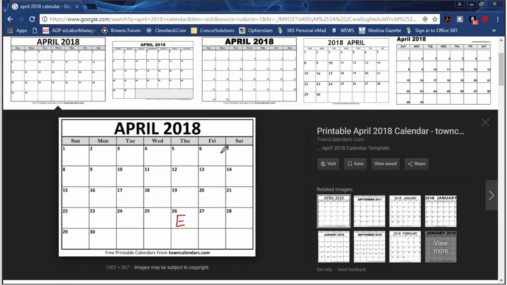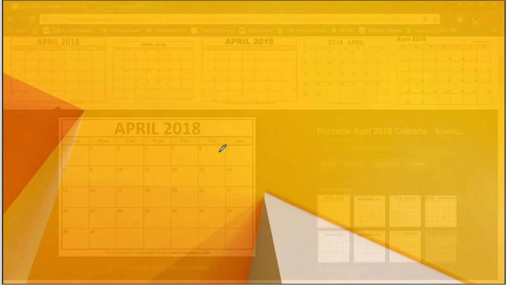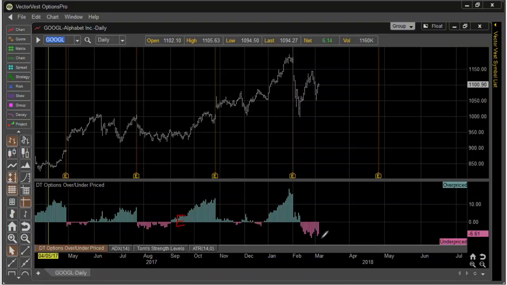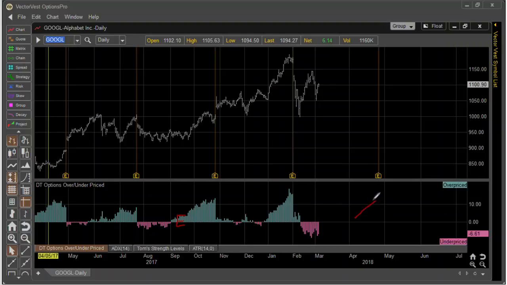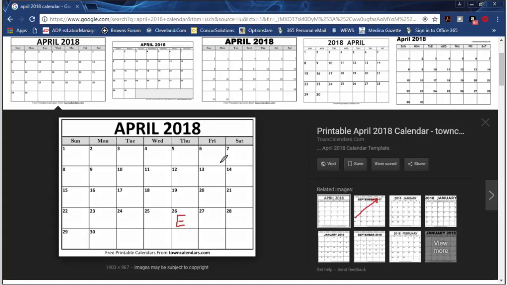Now, right now on Google, if you look at the graph, options are still very much underpriced, right? And what's going to happen is about 5 weeks or so before the earnings announcement, it's going to start to go up. Now, all options are going to start to get overpriced, okay? But here's how this works.